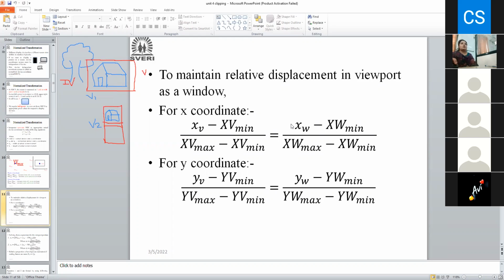And that's why on a small screen also we are able to view the whole house, because the ratio is maintained between the actual world coordinate system and the viewport coordinate system. Similarly for the y coordinate: yv minus yv min divided by yv max minus yv min is equal to yw minus yw min divided by yw max minus yw min. So these are the expressions.